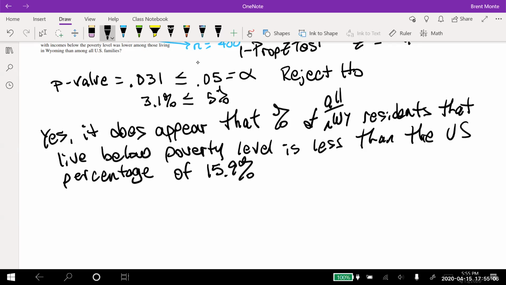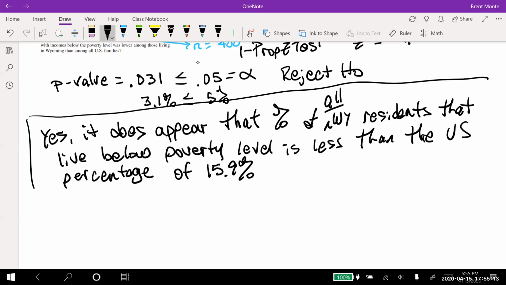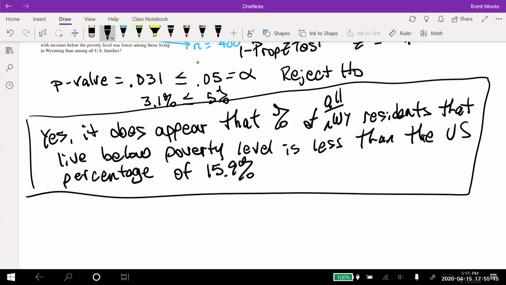Yes, it does appear that the percentage of all Wyoming residents that live below poverty level is less than the US percentage of 15.9%. So there is our conclusion.